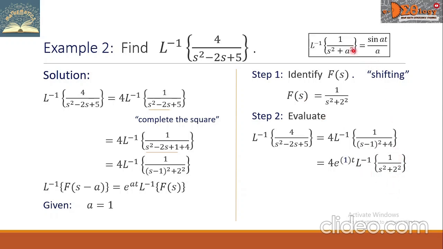We have a Laplace inverse formula that says 1 all over s squared plus a squared is equal to sine at all over a. Let us use this formula to simplify. So we have 4 times e raised to t times sine 2t all over 2. We can simplify further by cancelling the constant 4 with the denominator 2. So the final answer is 2 times e raised to t times sine 2t.